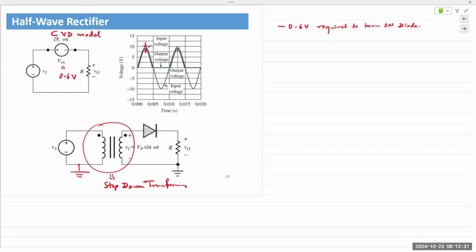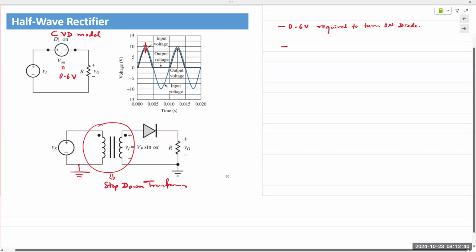And so the output voltage is VP minus whatever that turn on voltage is. So output voltage V out, or in this case, since we are saying we have DC at the output, we can write it as VDC. VDC is VP minus V on.